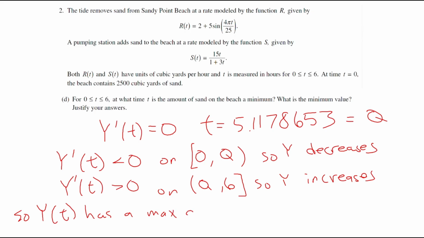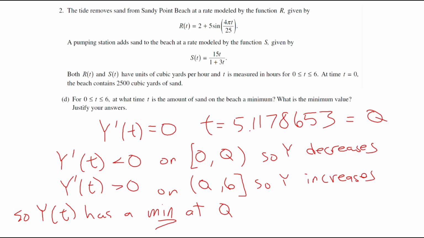And oftentimes they just test the values at every critical value. But if you write this little analysis showing that, not a max. We have a minimum there, right? If we're decreasing and then increasing, we have a minimum. So I don't know what I'm thinking there for a second.